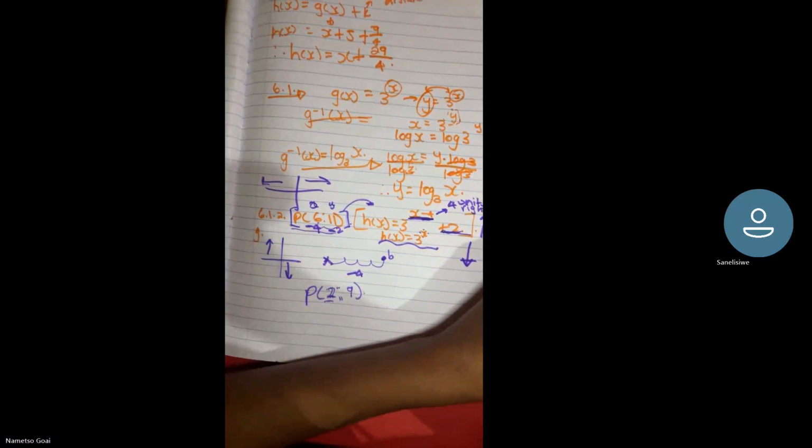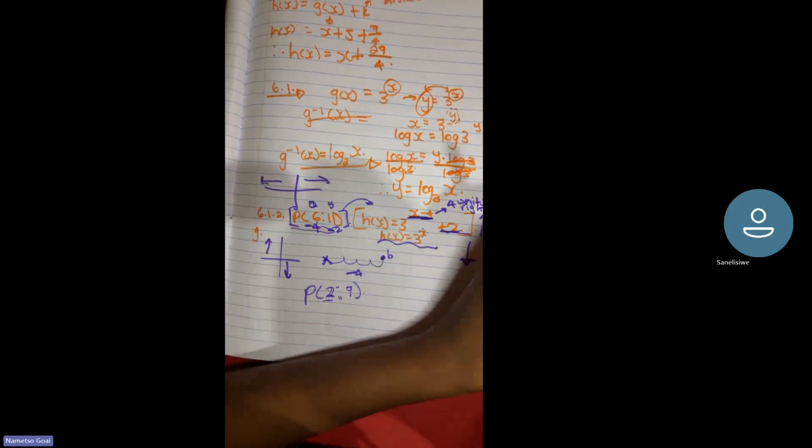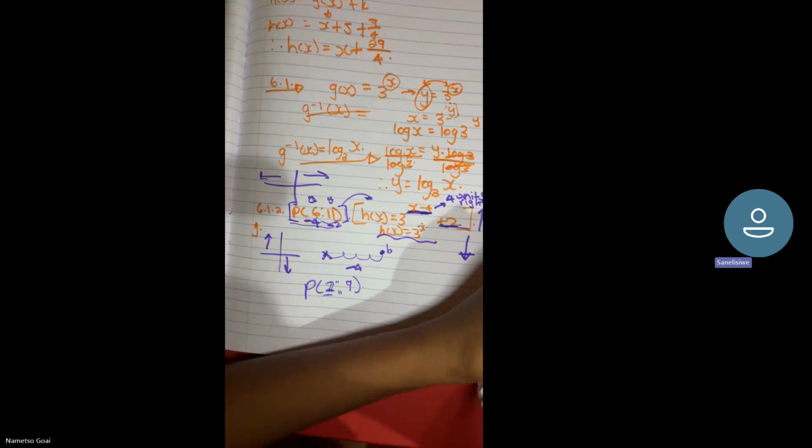Okay. Now let's look at the other question. What does it say? Is there another question, or did they end at 6.1.2? The thing is, right now I can't check the questions because I can't share the screen, because my phone is overheating at the moment. Oh, okay.